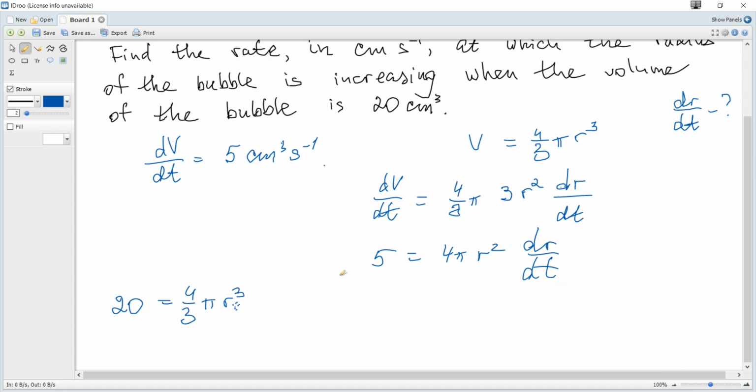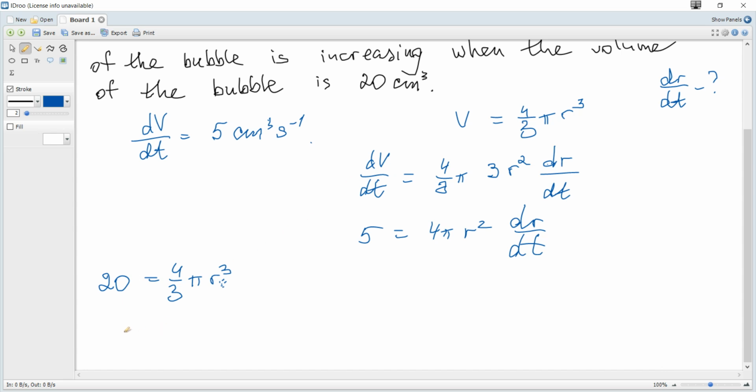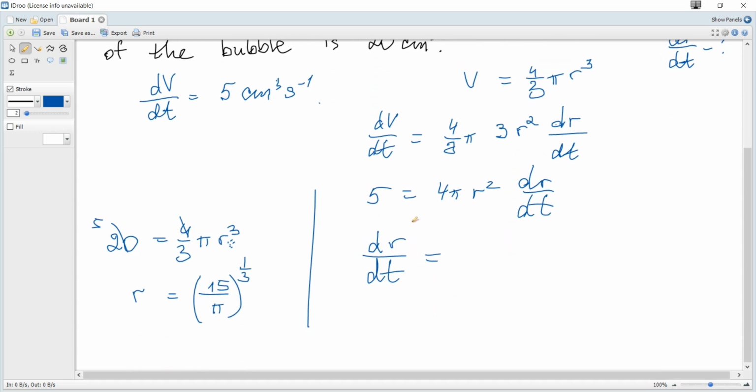So when V is 20, r is equal to, we can divide by 4, so it's 5, so it's 15 over pi to the power of 1/3, and then dr over dt becomes, at the required moment of time.